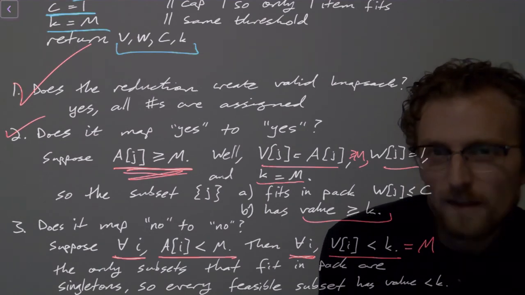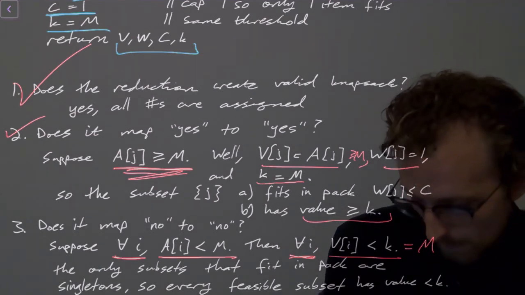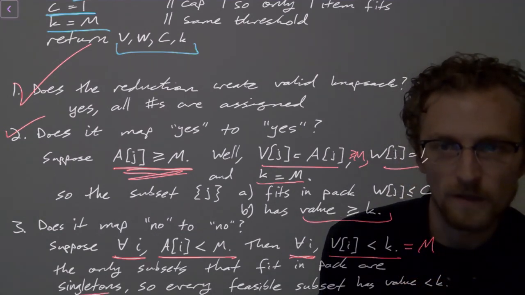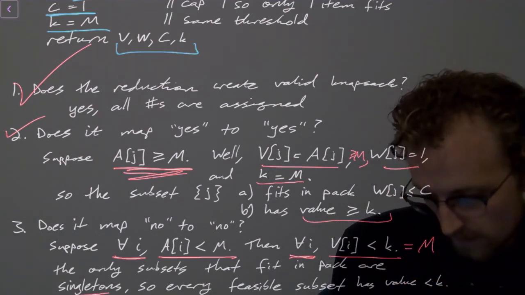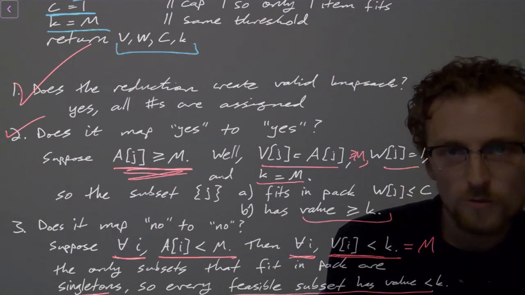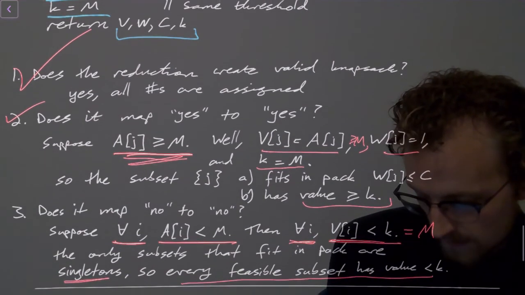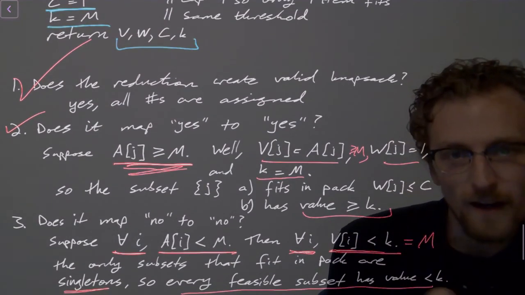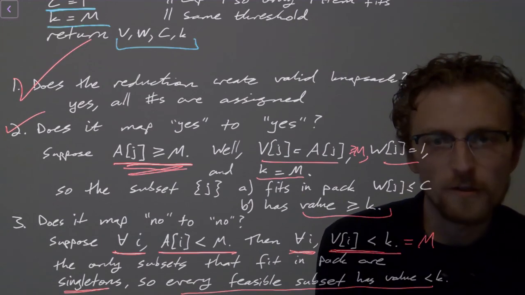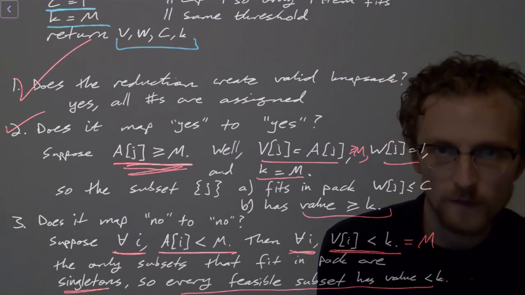So what does this mean? We know already that the only subsets that fit in the knapsack are the singletons, right? Are the ones that have only one item in them. And so this fact here means that every feasible subset for our knapsack problem has a value strictly less than k. What that says is that there exists no subset, no feasible subset with a value of at least k, which means that the knapsack problem is a no instance.